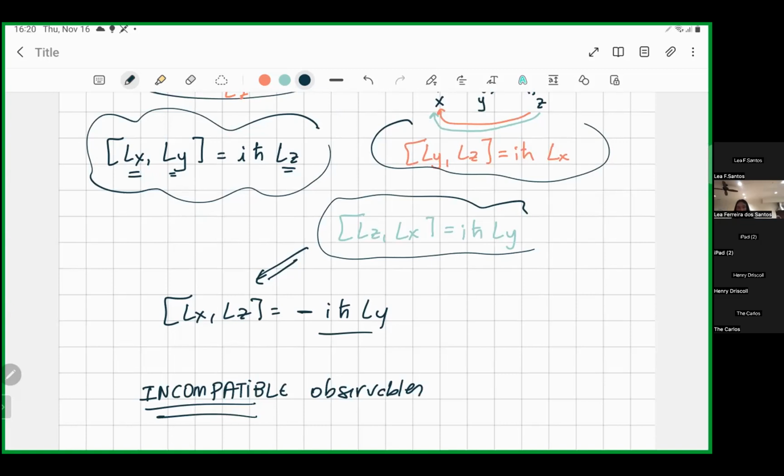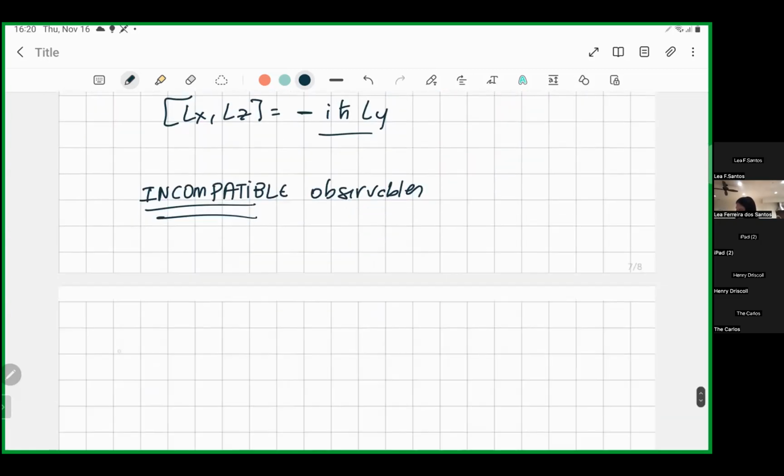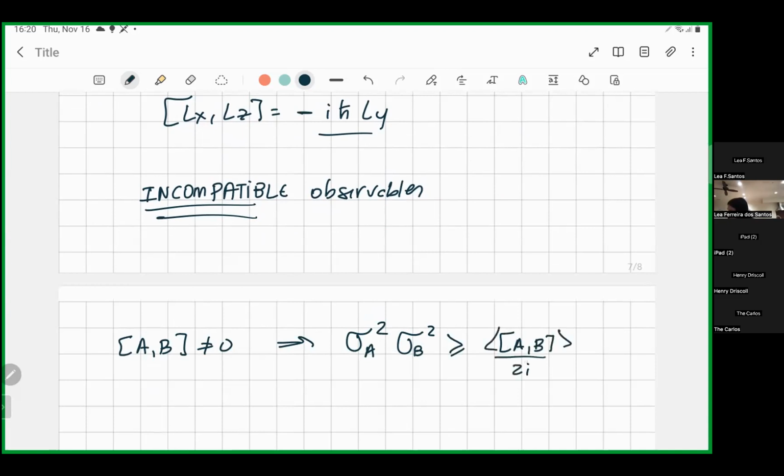That both have to satisfy the uncertainty principle. So we said that if A and B do not commute, I cannot measure A and B exactly, and there will be an uncertainty. The product between the two will have an uncertainty that is larger than the expectation value of the commutator between A and B divided by 2i, all this squared.